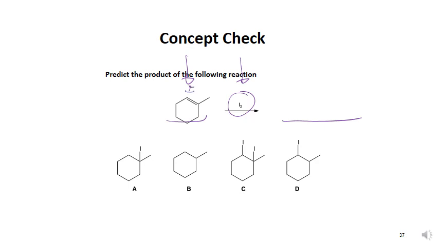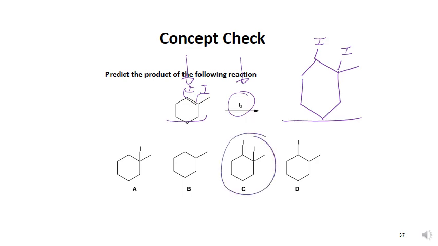You're going to add an iodine onto each carbon. The ring structure stays the same. You have a methyl off of this guy, and so you're going to have an iodine off of there and an iodine off of there. So which one is that? Oh yeah, let's see. So what's that called? Where do we do our counting? Well, we want our numbers to be the smallest numbers possible. So we're going to say 1, 2. So this is a cyclohexane.